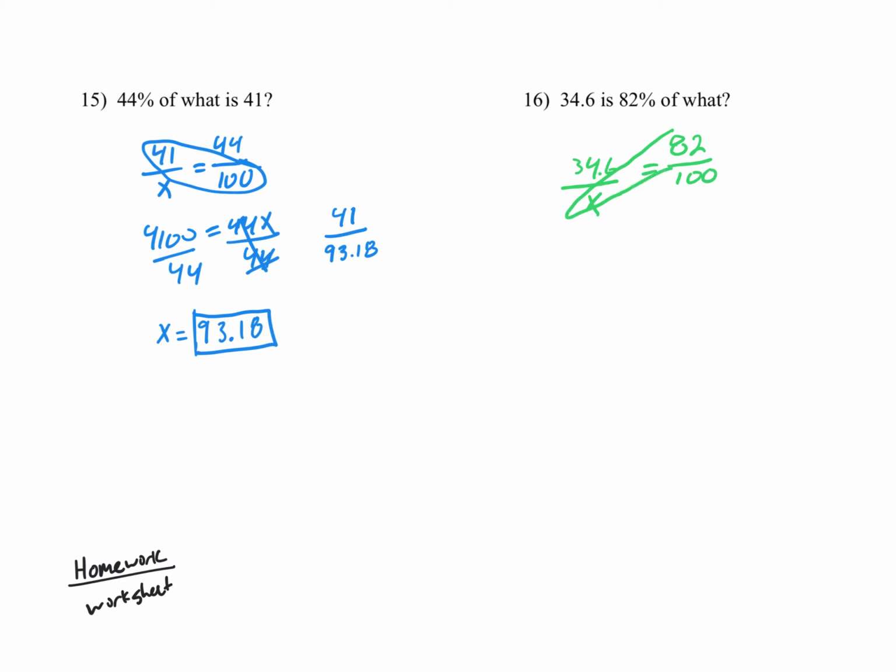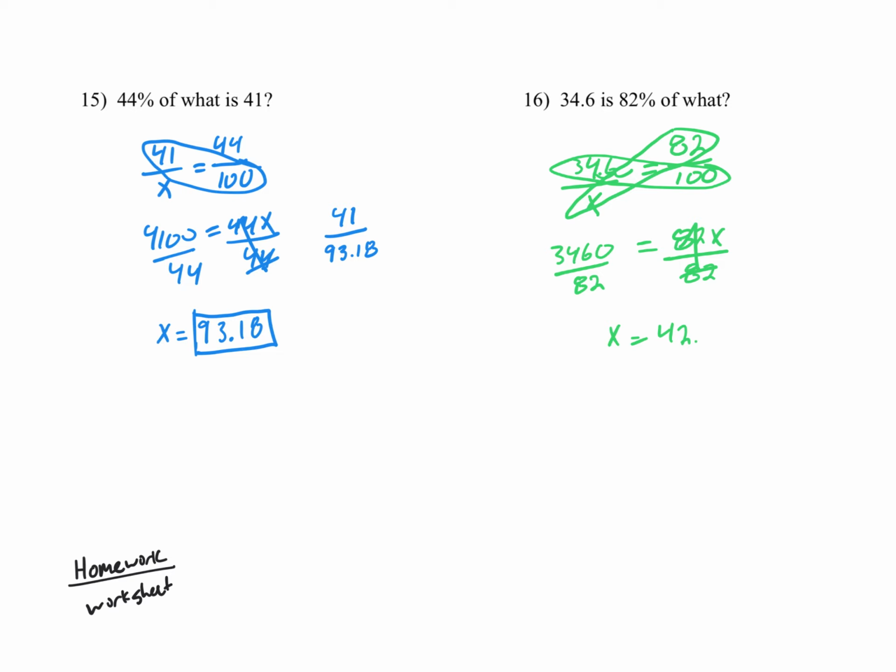It's not written very nicely, so I'm going to multiply those. This is going to give me 82x. Multiply this by 100. It's going to move the decimal place over twice, so it's going to be 3460. Then divide by 82. Divided by 82 is just 1, so this x is going to equal 42 point, I get 195.